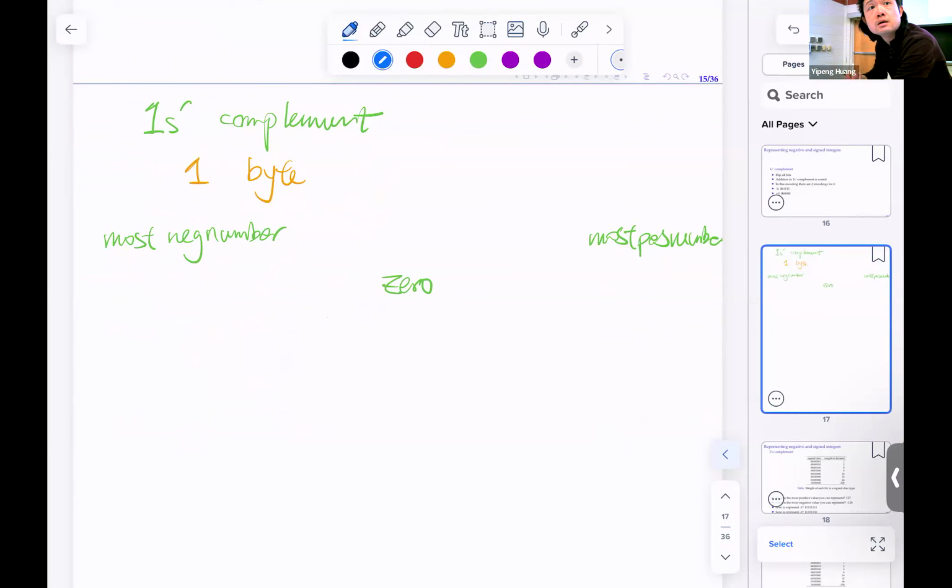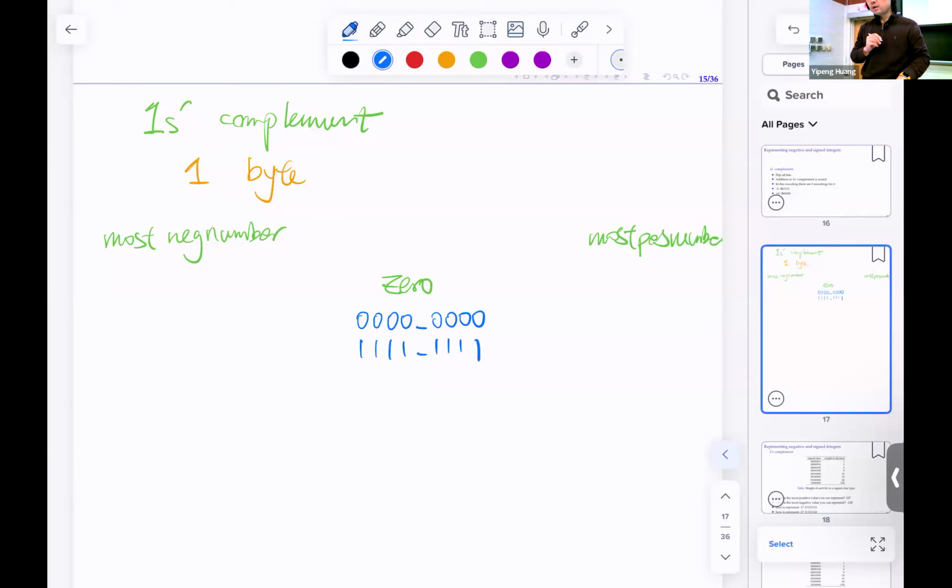Writing down zeros is going to give us the representation of 0. And remember our rule: if you flip all the bits, then you get the negative number. So if I flip all the bits in 0, what does that give us? 8 ones. And this is also a 0. This is another representation of 0.